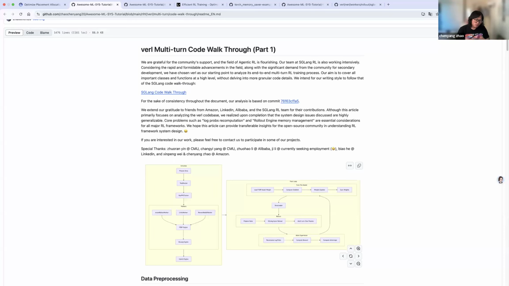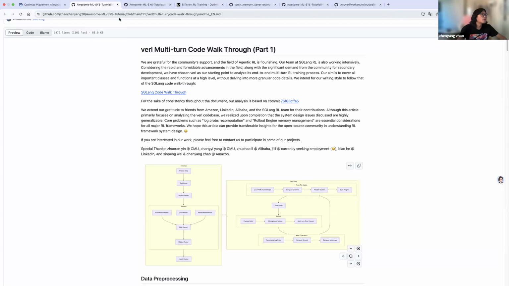That means we collocate the actor model's rolling out and the actor model's training on the same device, and between the sampling and the training stage, we switch these two components. We offload the rolling out engine and upload the training engine, and after the training we offload the training engine and upload the rolling out engine.